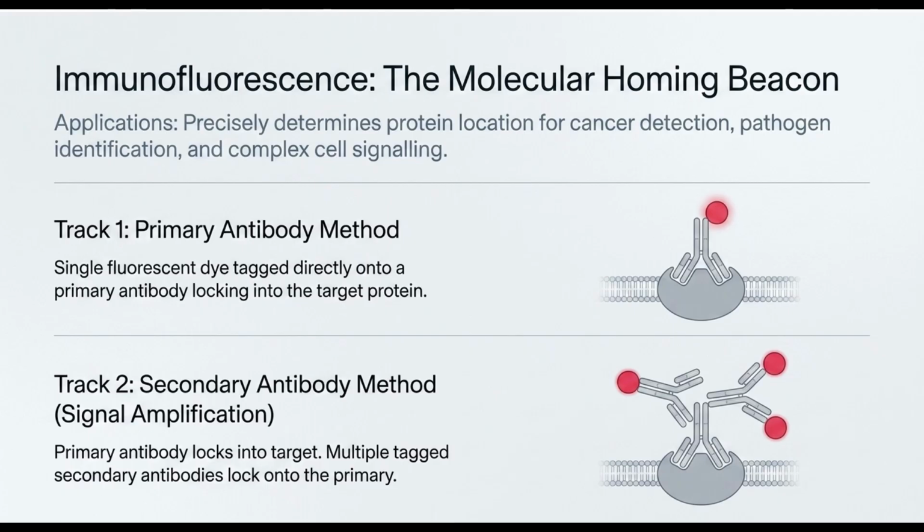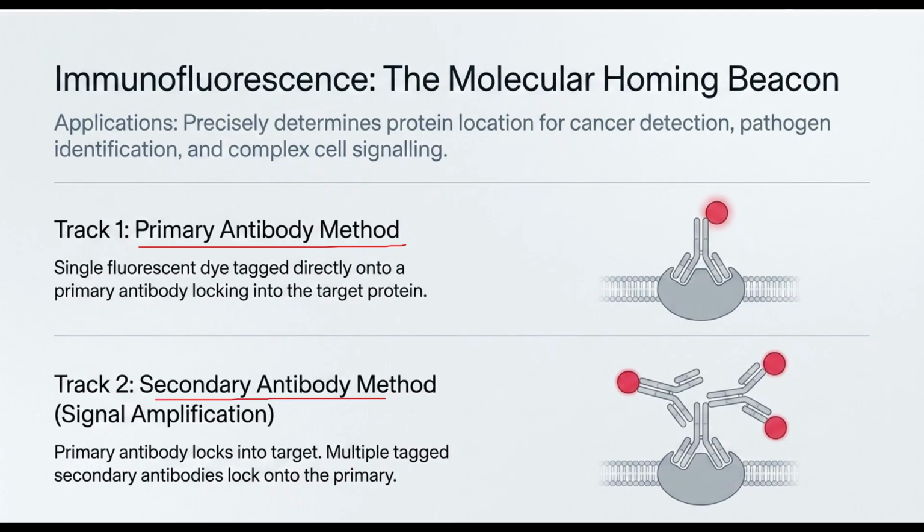In the primary antibody method, a fluorescent label is attached directly to an antibody that binds to a target protein. In the secondary antibody method, an unlabeled primary antibody first binds to the protein. A fluorescently labeled secondary antibody then binds to the primary antibody, amplifying the signal.